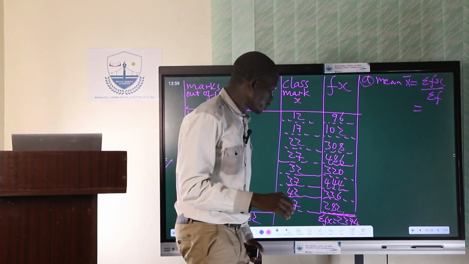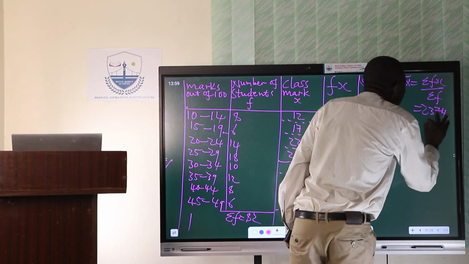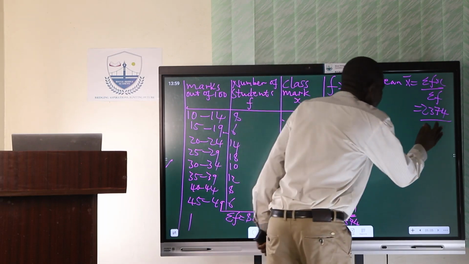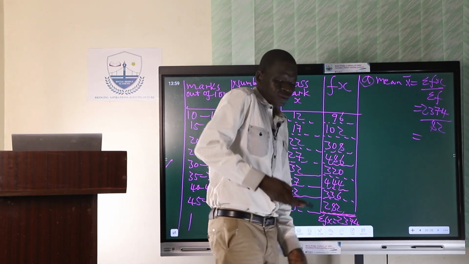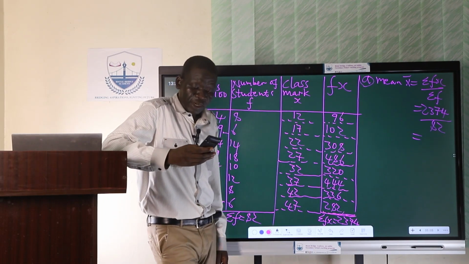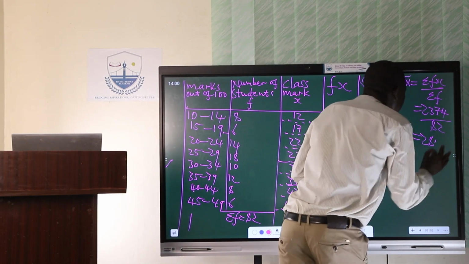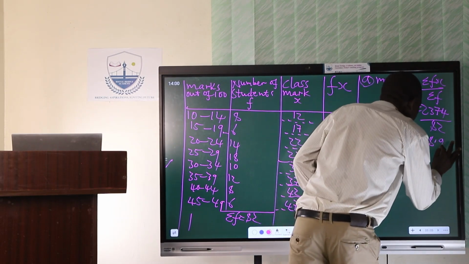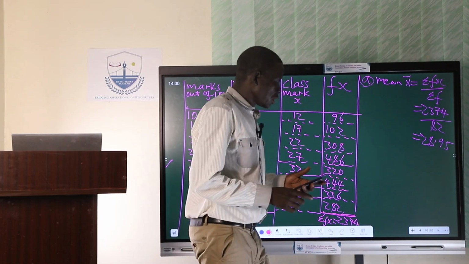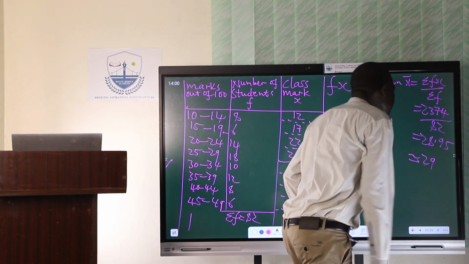Then we substitute summation of fx is 2,374 divided by summation of f, which is 82. So when we divide 2,374 by 82, we find that we get 28.95, which when approximated will give us 29.